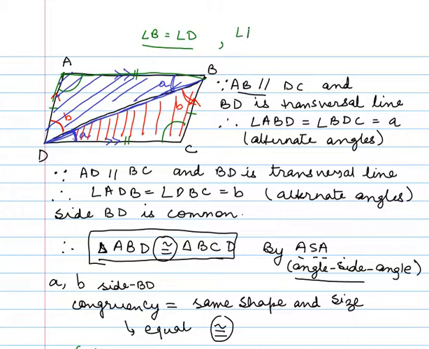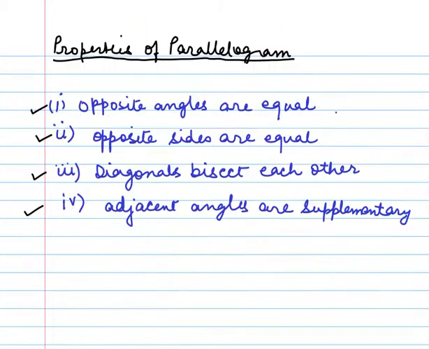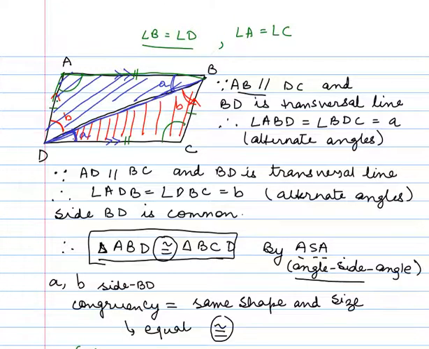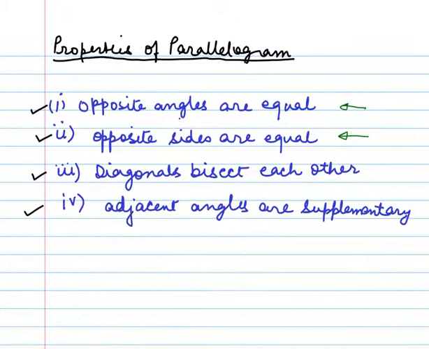So angle A is equal to angle C. So for the first two properties, opposite angles are equal, whereas opposite sides are equal, we need to just prove that triangle ADB is congruent to triangle BDC. Because these two triangles are equal, therefore opposite angles are equal and opposite sides are equal.